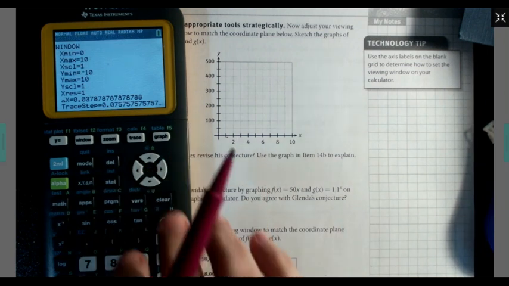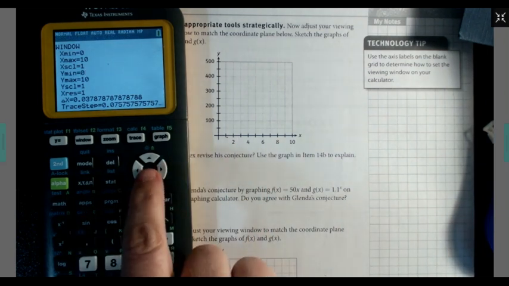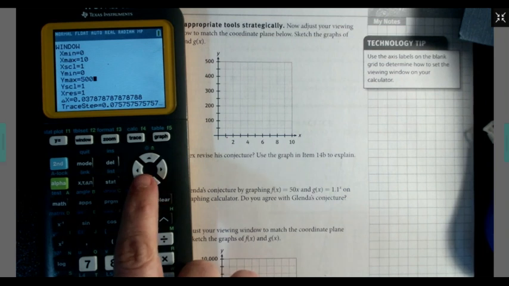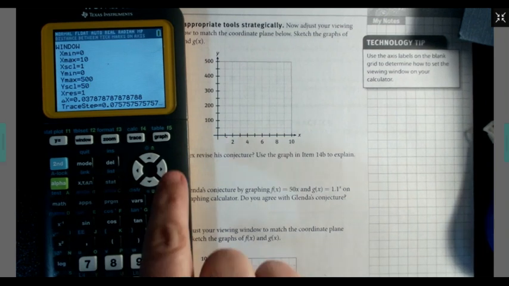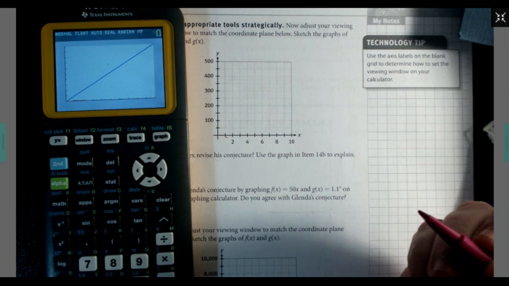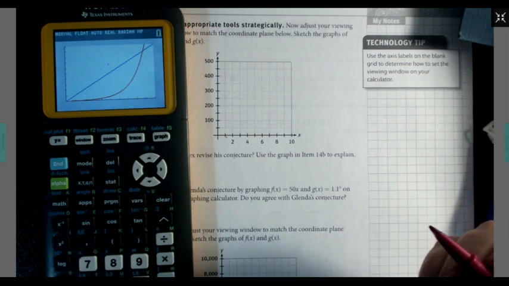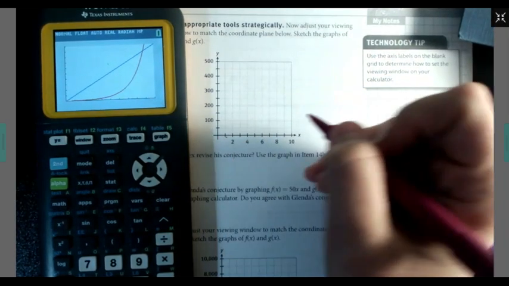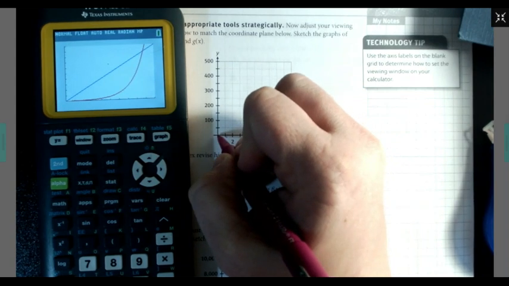And then we're going to go from 0 to 500, going up by 50s on my y. It's actually a pretty good graph of both. So we got 50x.